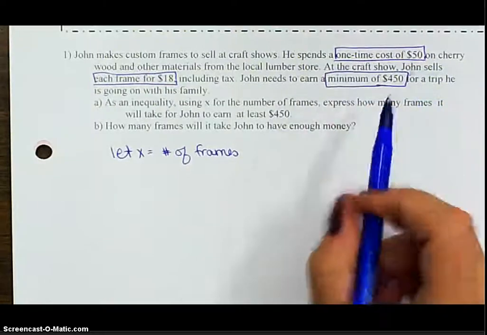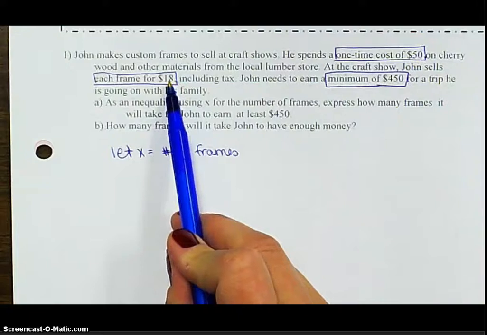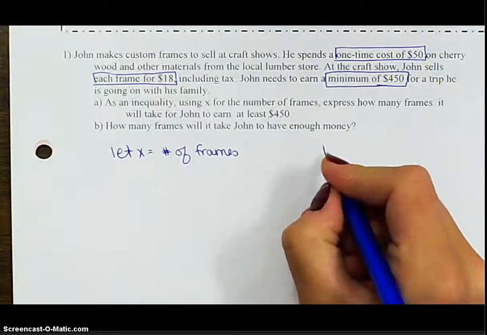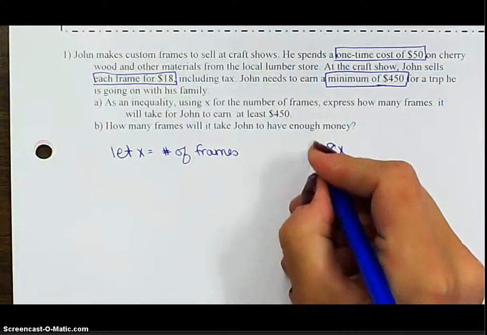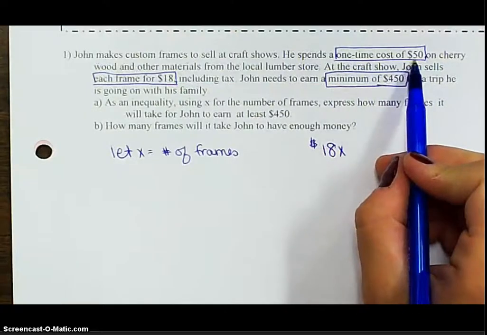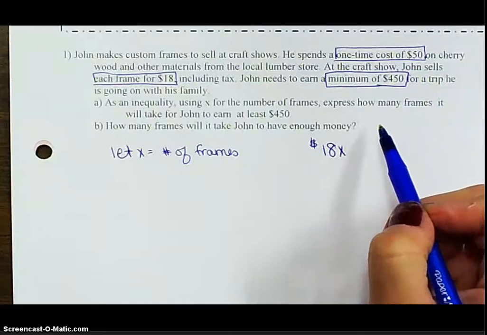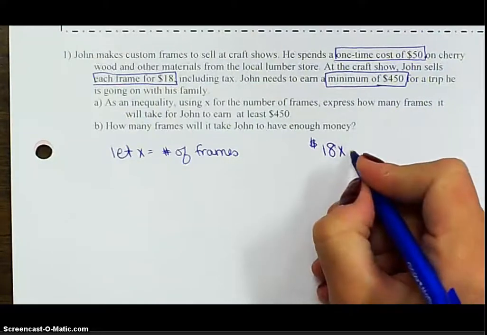So let's go ahead and take a look. We have x is the number of frames and $18 is how much each frame is. So we're talking about how much money he's making. If he has to pay $50, is he adding $50 to how much he has or is he subtracting it? Yep, he has to subtract it.